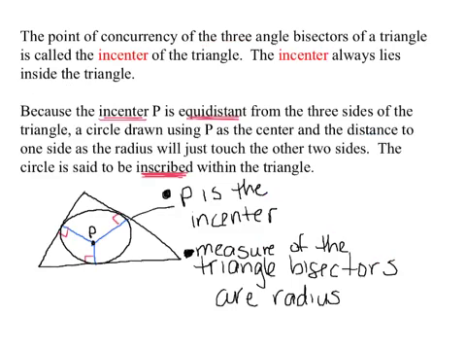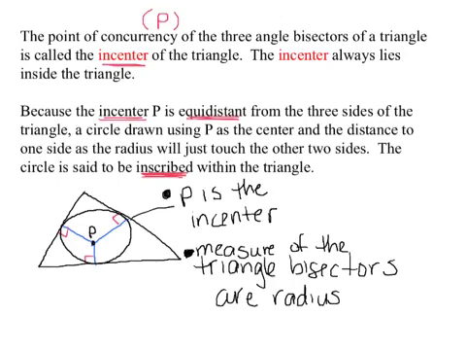All right, to take that one step further, the point of concurrency, which is P, of the 3 angle bisectors of a triangle is called the incenter of the triangle. It's a new word. Okay, the incenter always lies inside the triangle. Because the incenter P is equidistant from the 3 sides of the triangle, a circle drawn using P as the center and the distance to one side as the radius will just touch the other 2 sides.